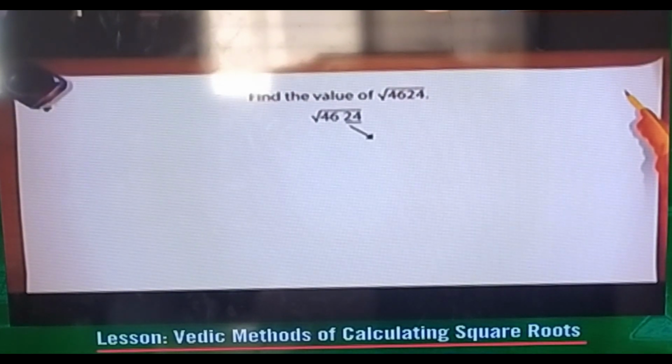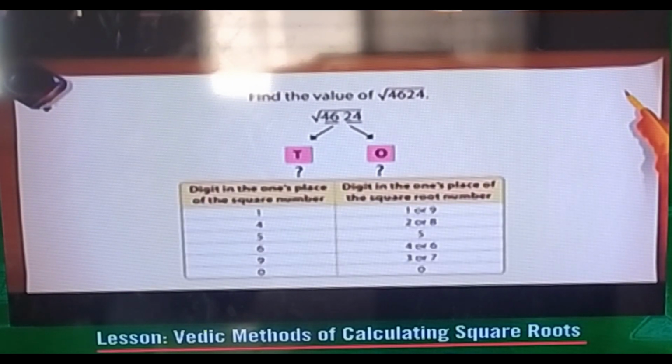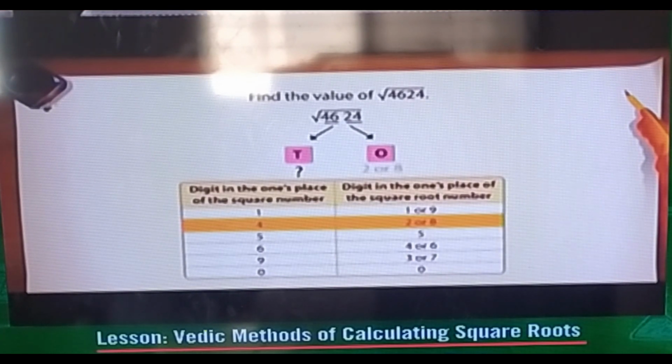The right pair gives the digit in the ones place, and the left pair gives the digit in the tens place of the square root. The ones digit of the right pair is 4, so the digit in the ones place of the square root will be 2 or 8.